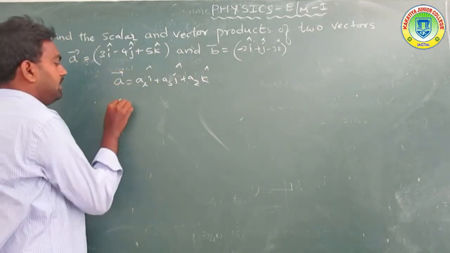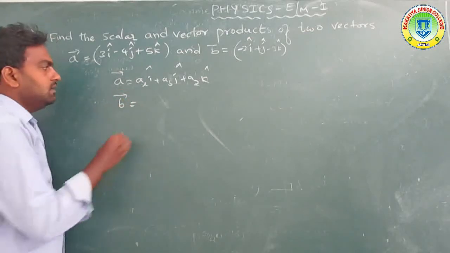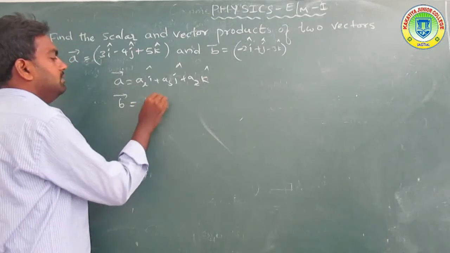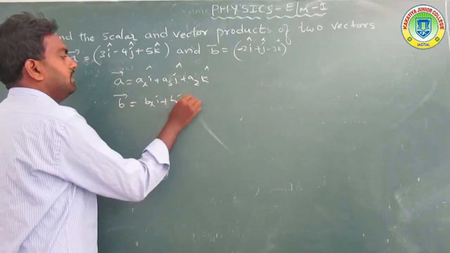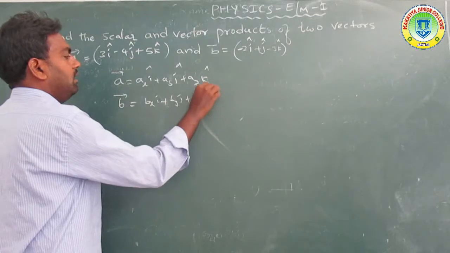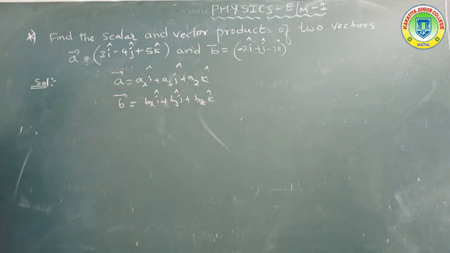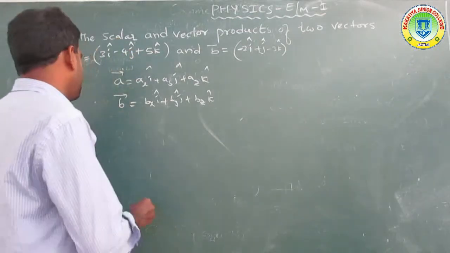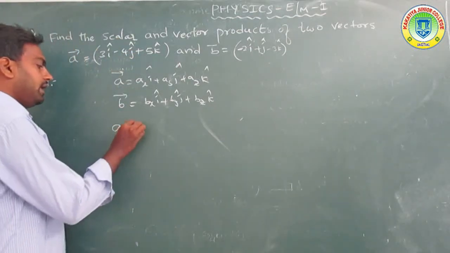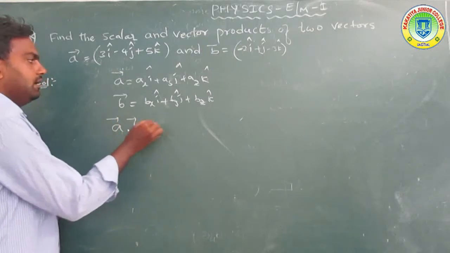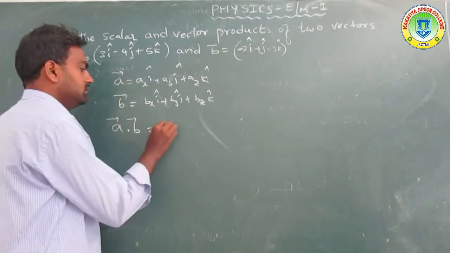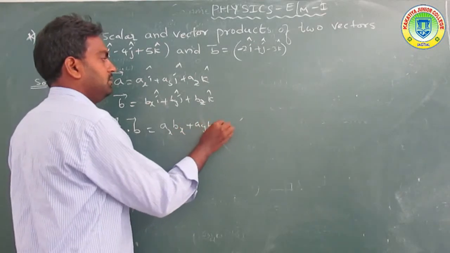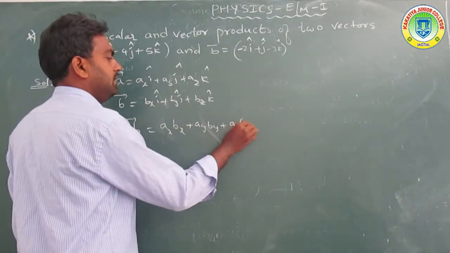Here B is another vector, equal to BXi plus BYj plus BZk, with i, j, k the unit vectors. First of all, the scalar product is A dot B. A dot B means AxBx plus AyBy plus AzBz.